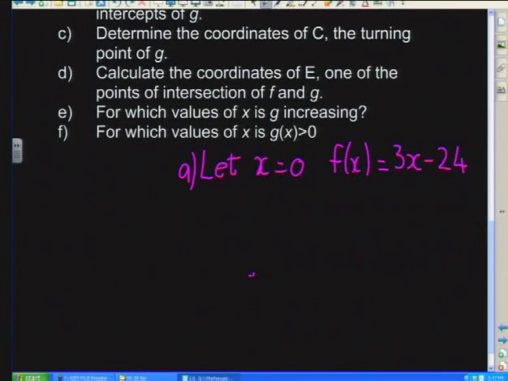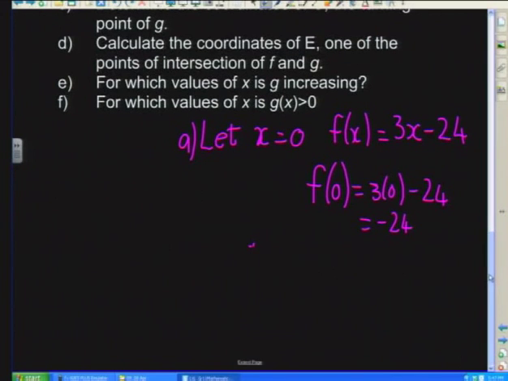So if I say let x equal to 0, basically what it means is wherever there's an x, I substitute a 0. So I'm going to get 3 times 0 minus 24. So therefore we get 0 minus 24 is -24. So my y-intercept is -24.